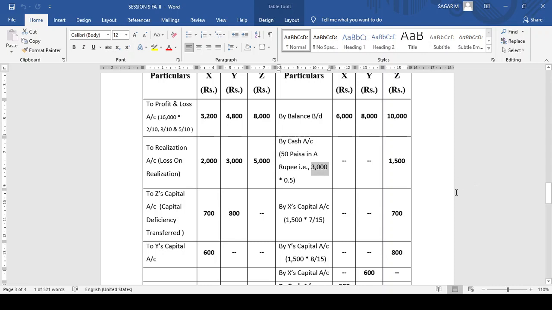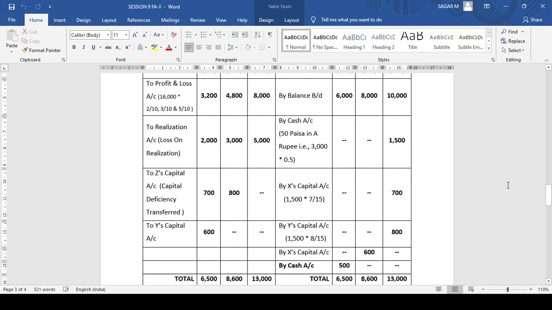So if you multiply 3,000 by 0.5, that is 50 paisa per rupee, the cash brought in by Z will come down to 1,500. After doing this, now we will come to know the exact capital deficiency. As he brought 1,500 in the form of cash, the remaining amount is another 1,500.